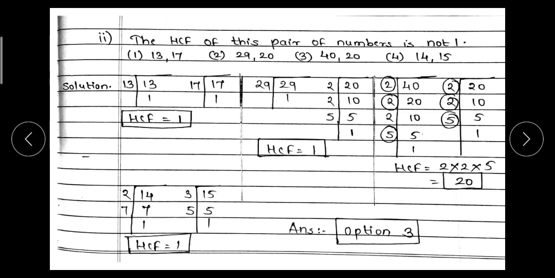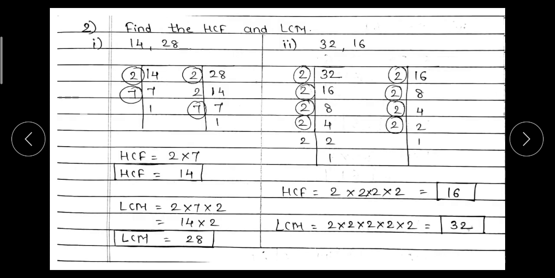Let's move to question number 2 of practice set 14. That is, find the HCF and LCM. Here we have to find out the HCF also and the LCM also.